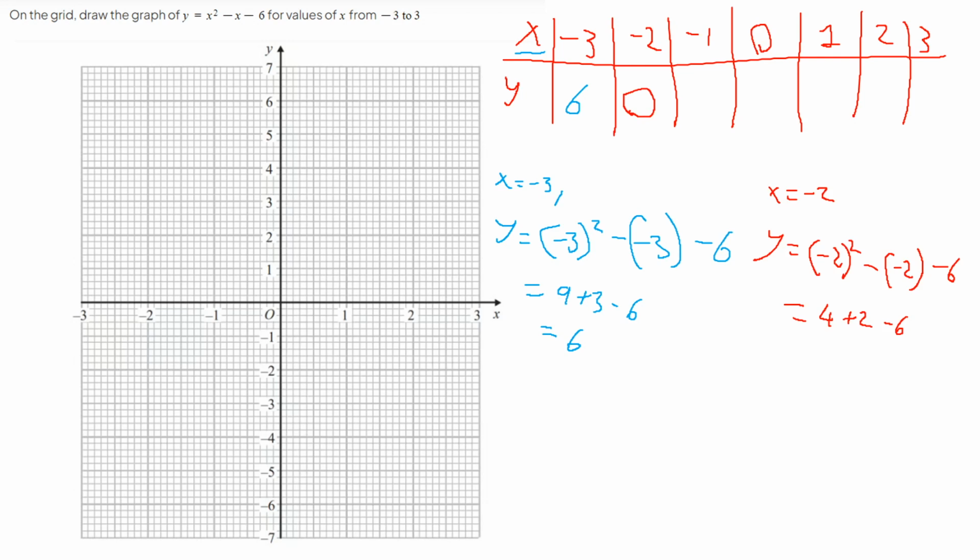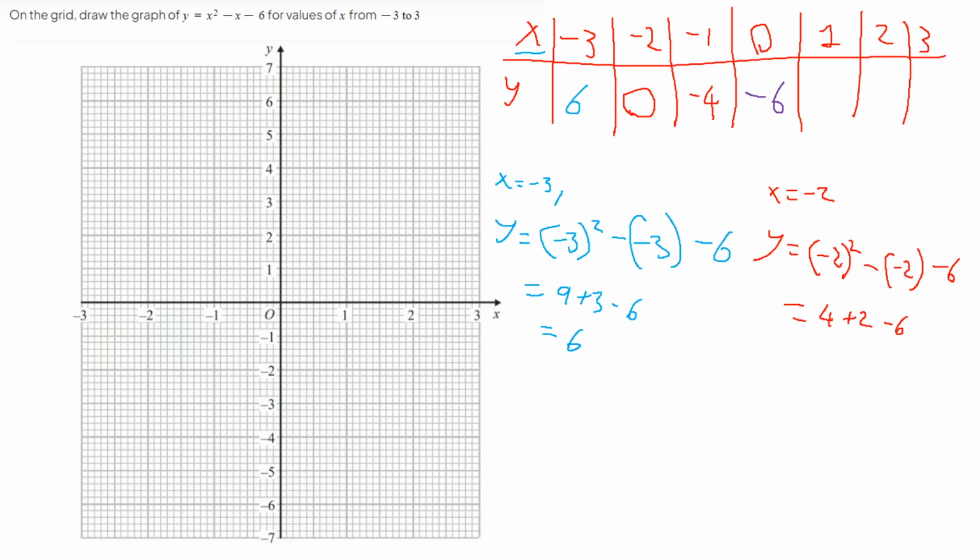So when we substitute in the numbers, we get 6, which is here. We'll get 0, which we've already worked out as well. Now we need to sub in minus 1. So when we sub in minus 1, we get minus 1 squared minus minus 1, minus 6, so it should be minus 6 plus... minus 4. When we sub in 0, we should get minus 6.